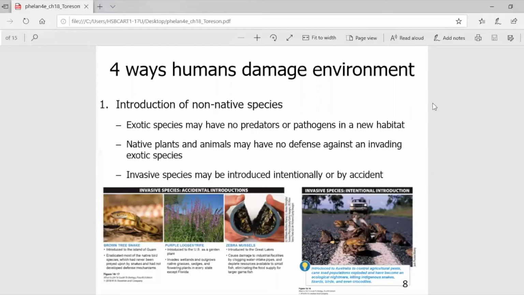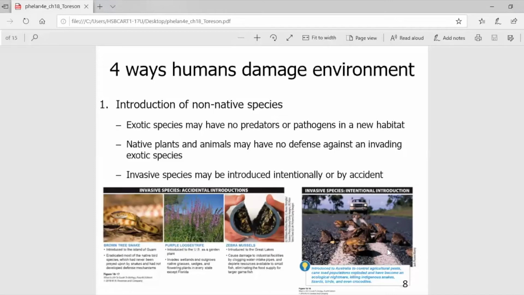Here in figure 18, we are looking at an example of an intentional introduction of an invasive species. So the cane toad was introduced in Australia to try to control insect populations as they tried to add a lot more farmland and agricultural to the area.